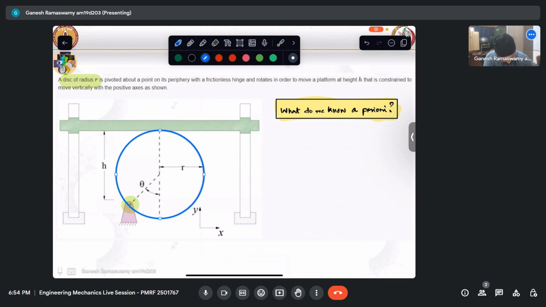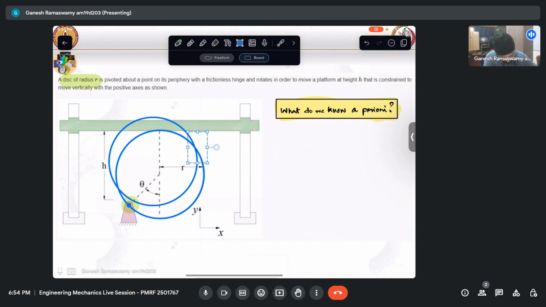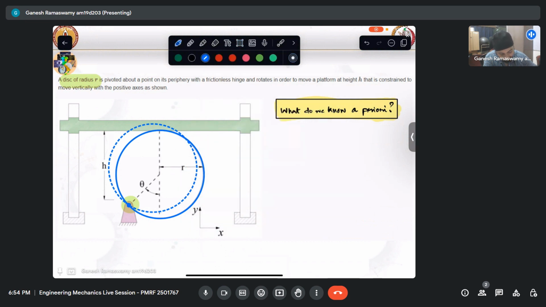It is pivoted here with a frictionless hinge and rotates in order to move the platform H. So as this rotates, at some other instant of time, it would be like that, and we can see that H, this platform, moves.